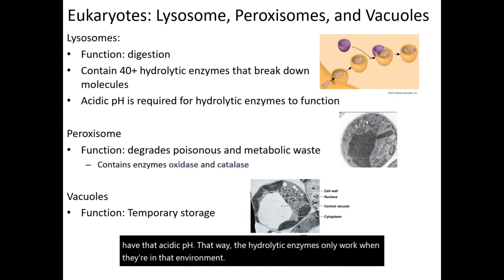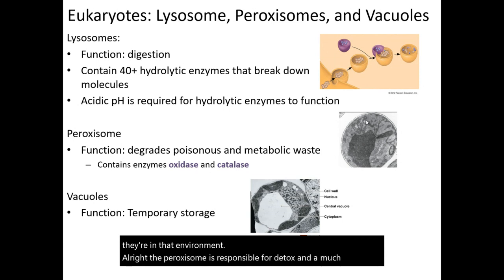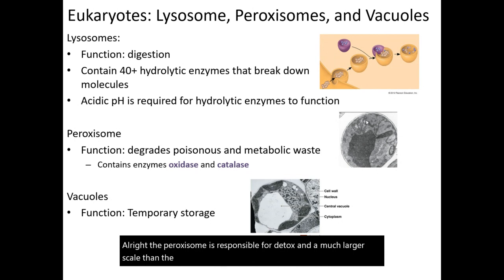All right, the peroxisome is responsible for detox on a much larger scale than the smooth ER that I had mentioned before. So the peroxisome is going to degrade poisonous and metabolic waste. And so one way it does that is actually by creating harmful intermediates.